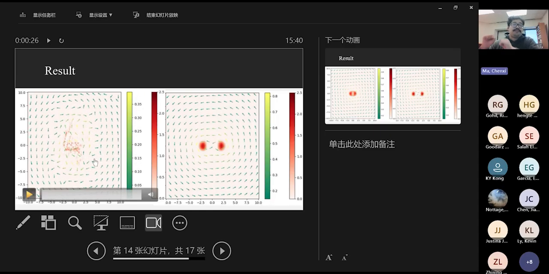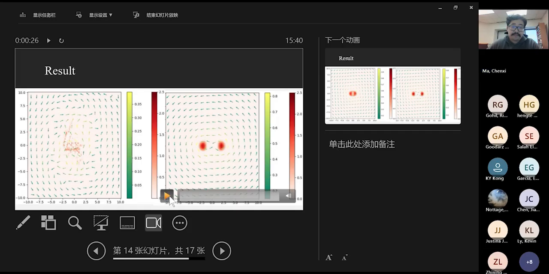We can see these 2 vortices just combine together in the center, and then there is some dissipation after that. But it is totally different for the second case.